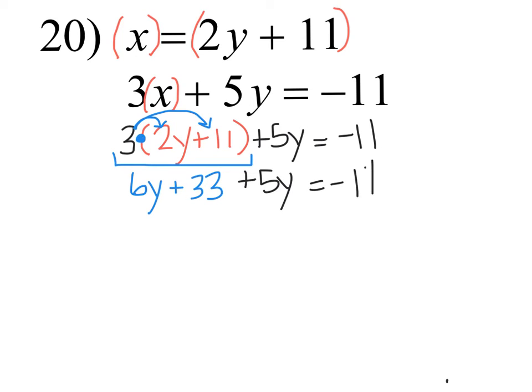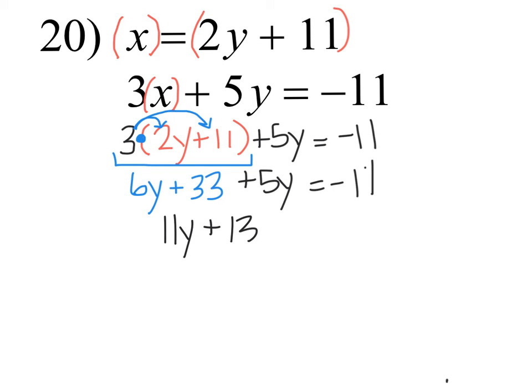I'm just copying right now everything I haven't used yet. Now, like I have been in the past few problems, I'm noticing that I've got 6y's over here and 5y's over here, and I'd like to combine them into one set of y's. 6y plus 5y is 11y. I still have plus 33.